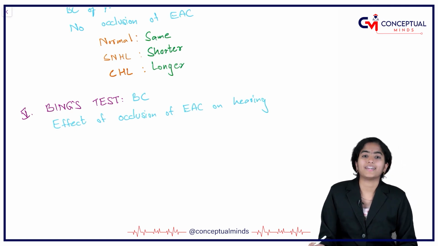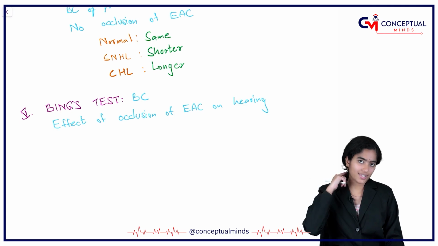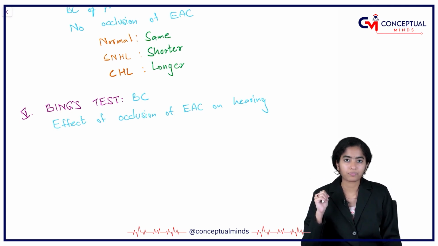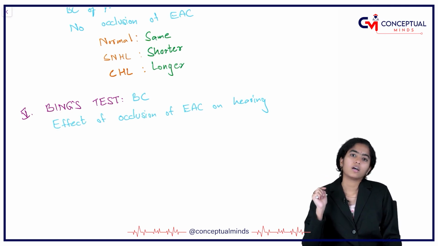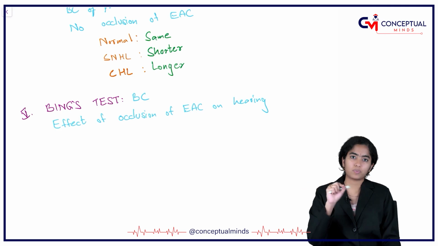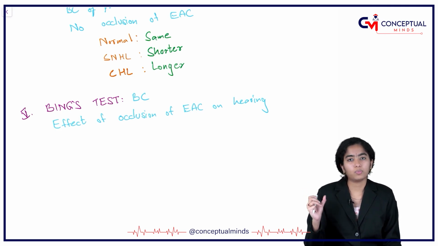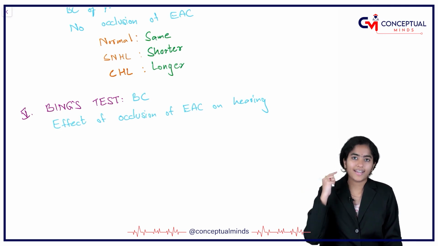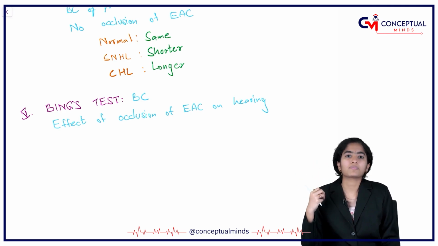So what we do in Bing's test is, we take a vibrating tuning fork and place it on the mastoid antrum of the patient, and we keep occluding and opening the external auditory canal by applying pressure over the tragus. Press and release, press and release. And we ask the patient what is he able to perceive. So a normal person, when the external auditory canal is occluded, then his bone conduction becomes better.